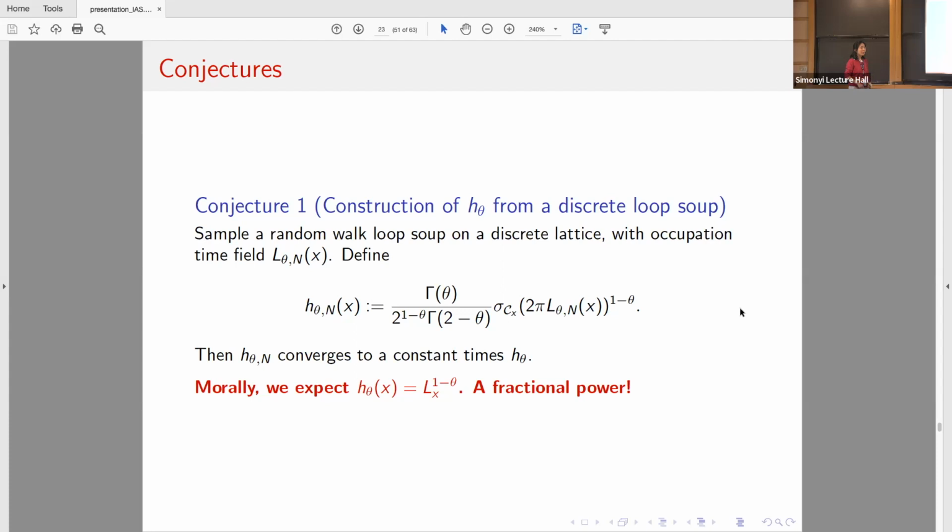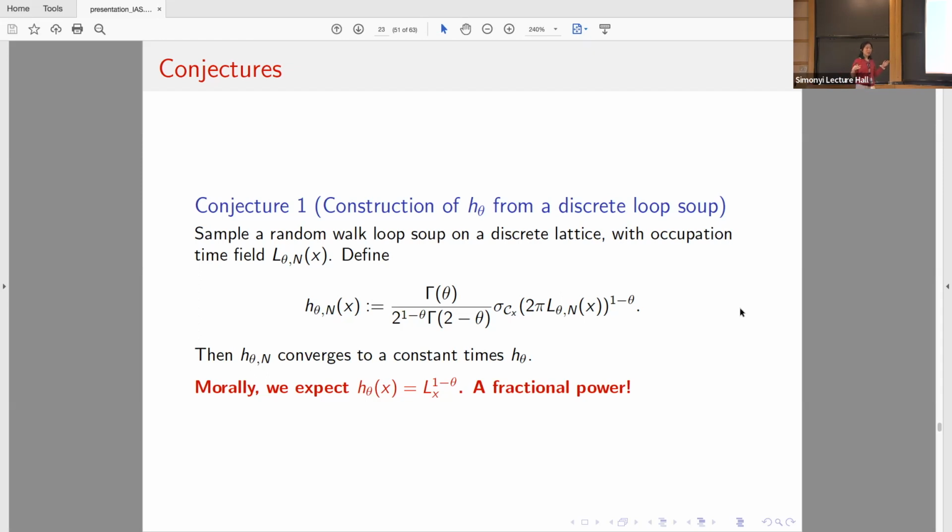But previously you were saying that in the continuum you wanted to take a square root of the occupation time. Now you take power 1 minus theta. Yes. In the continuum, you had an intensity parameter. Here you don't have an intensity parameter. Previously, I started the background by talking about the critical loop soup. In fact, isomorphism theory for the loop soup was only known at the critical intensity c equal to 1.